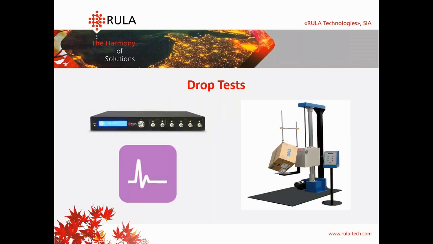Drop tests are used for performing a real-life shock impact by dropping an object. For this type of test, you need a drop machine like shown here, a controller. Here you see our RLC21 controller, and the transient capture option.